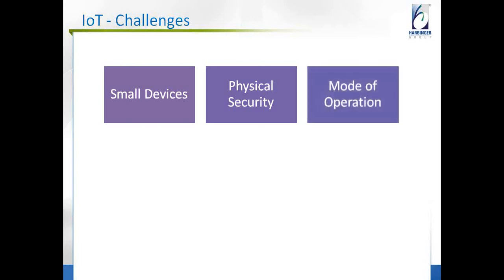Then the operation mode, meaning these devices are designed to operate autonomously in the field. So all-time connectivity is an extremely important factor here. The application architecture or the platform needs to ensure that these devices are always connected to the central platform. Otherwise, there is no use of having that device as a part of the application itself.